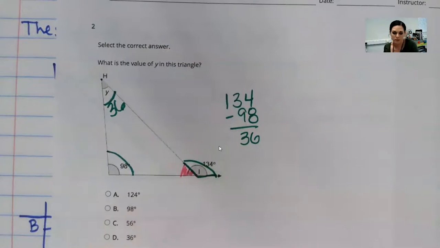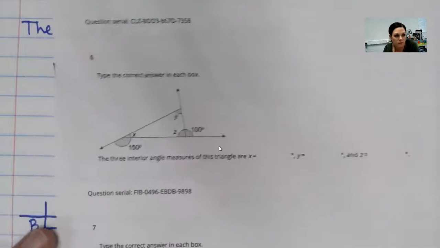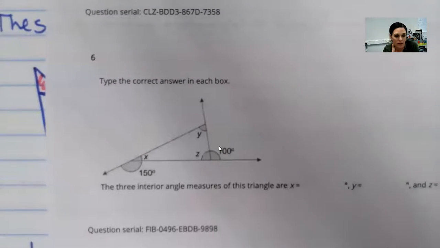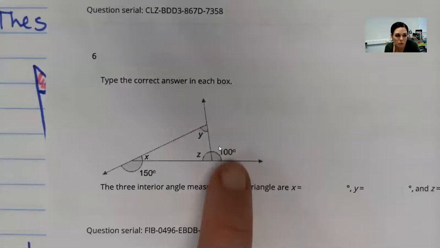All right, let's see if there's any other. Ooh, this one's an interesting one. Let's look at this one. All right, it wants to know, what do the angle measures X, Y, and Z need to be if this is 100?